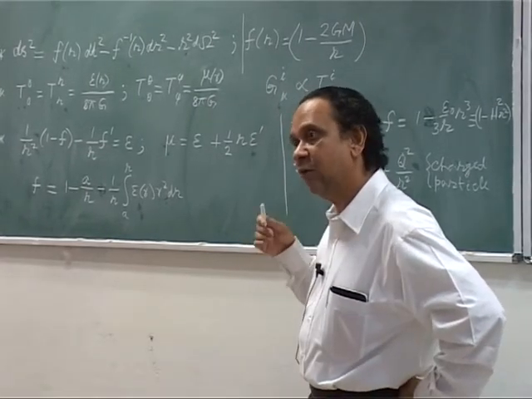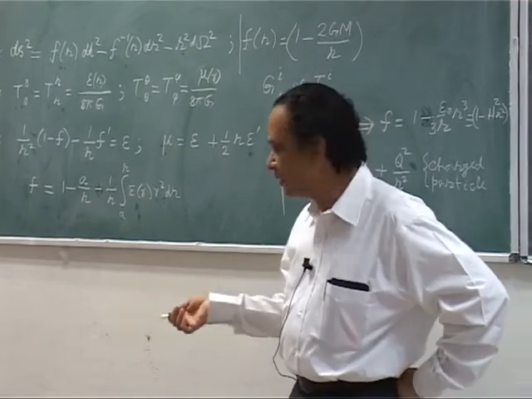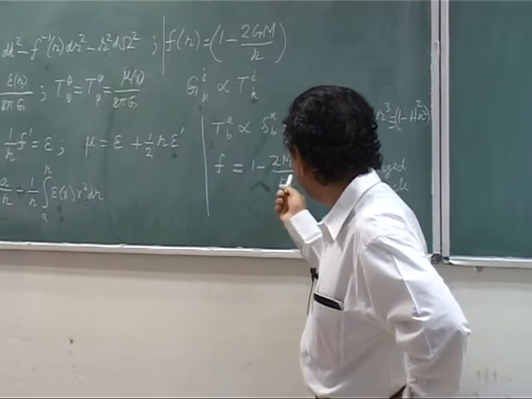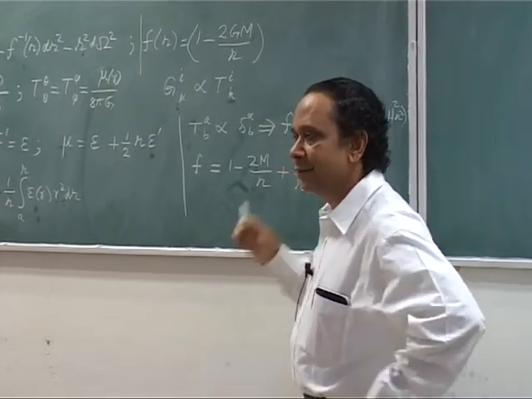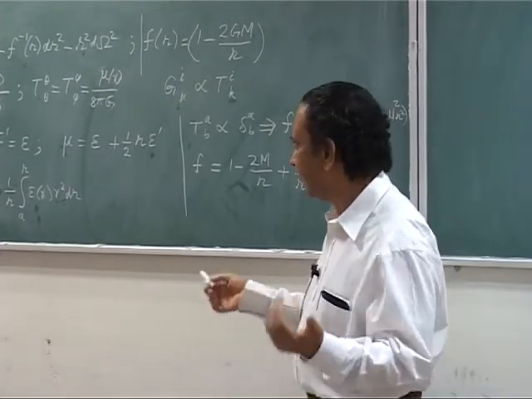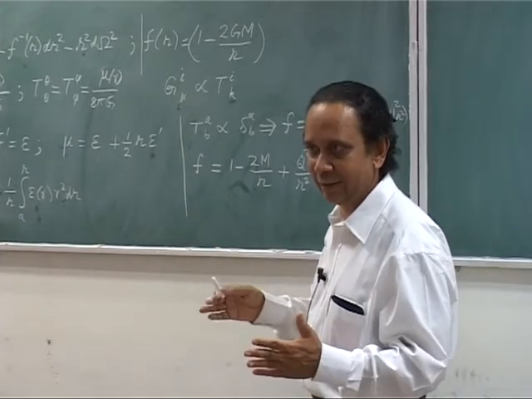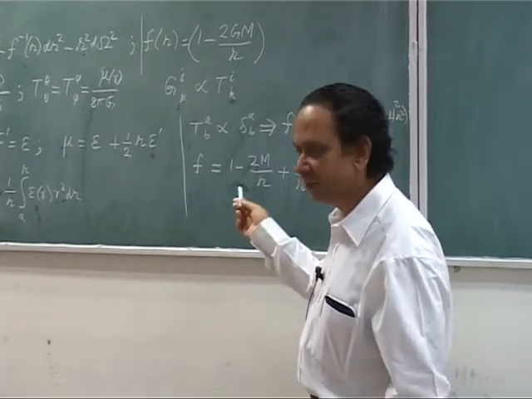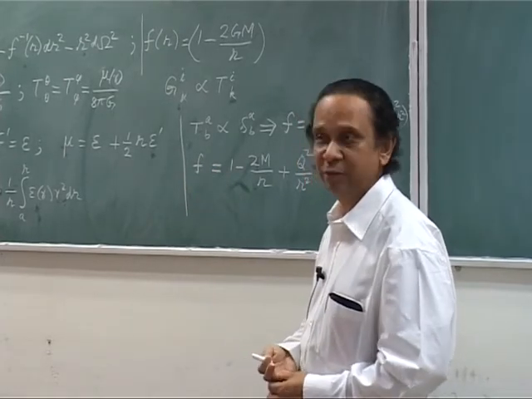Suppose I had a cosmological constant and the electric charge. As you can guess, the solution is 1 minus 2m by r plus q square by r square minus H square r square. So you can just keep adding that. That makes life very, very simple. So that is why this is the most well understood and well studied of all the metrics. And it happens just because in this particular case it obeys the superposition principle.